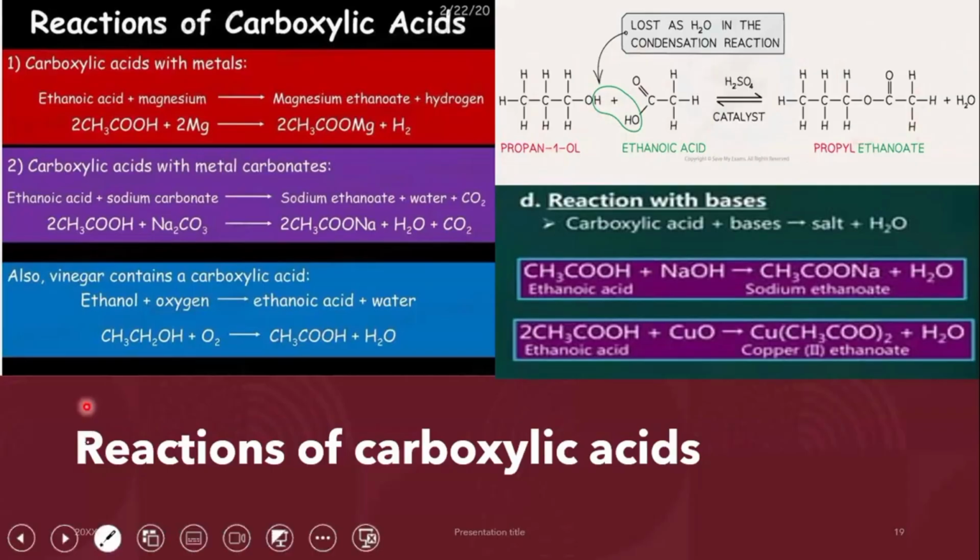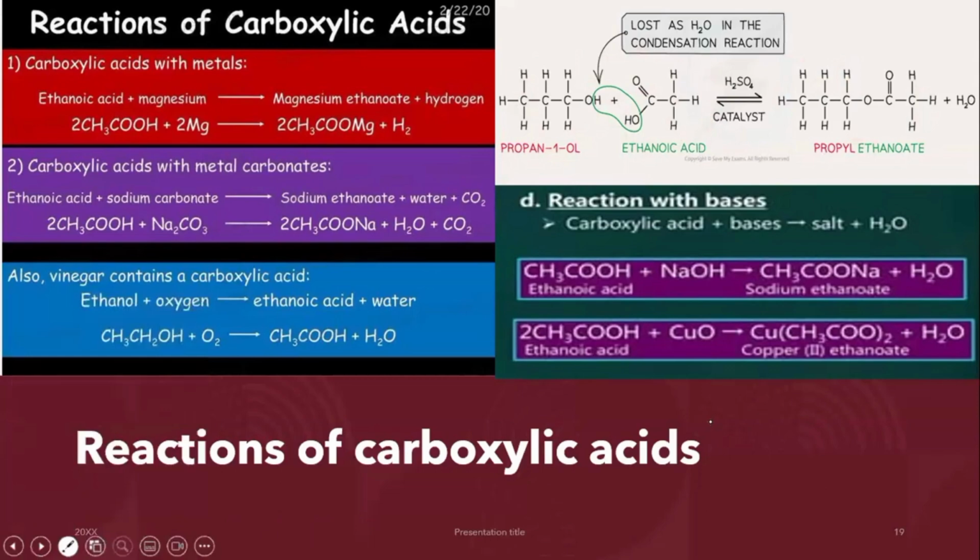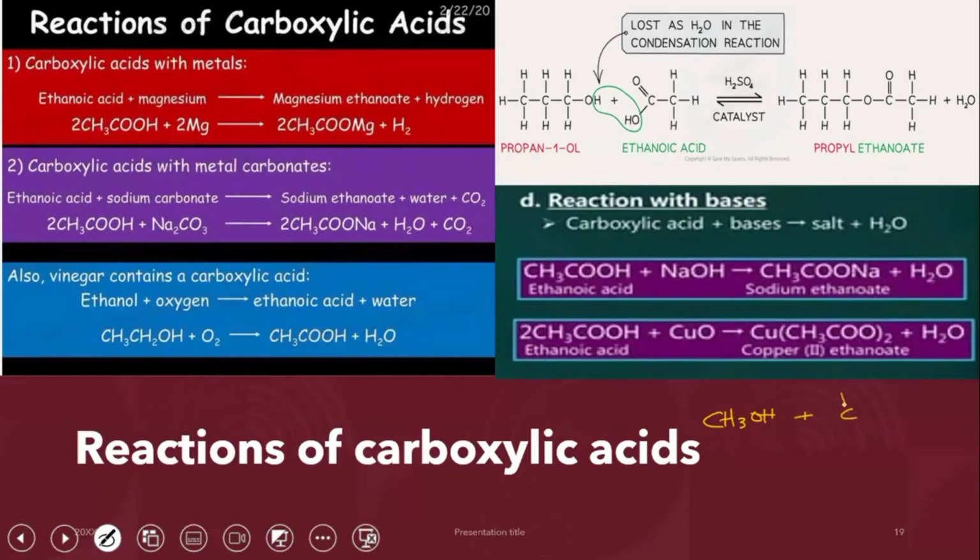How does an ester form? An ester forms something like this. Let's say that we have methanol. Methanol is going to be CH3OH, right? One carbon atom. Let's go ahead and react it with ethanoic acid. In fact, let me draw the displayed formula for you, so it's as easy as possible.